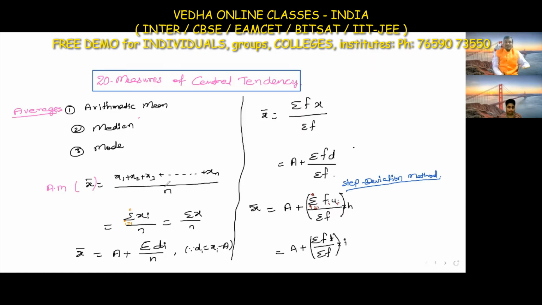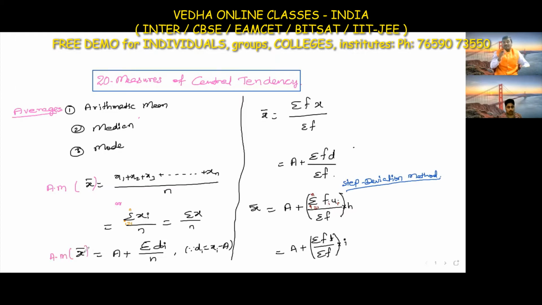We can write the same thing like this also: summation of xi divided by n, i value from 1 to n, or sigma x by n. If the values are bigger, then we use the arithmetic mean formula with assumed mean.